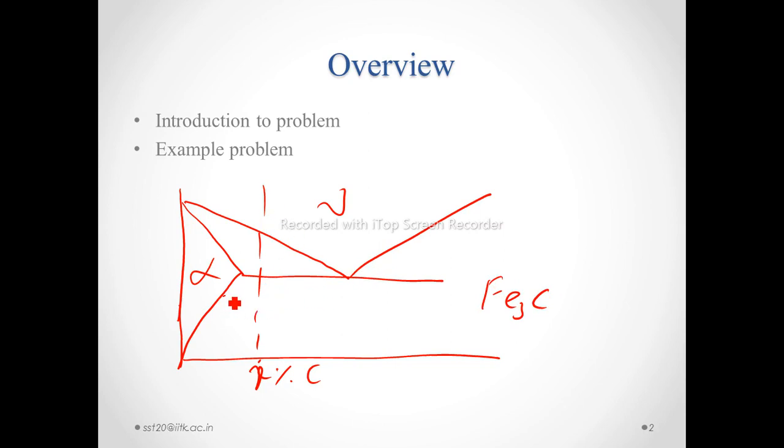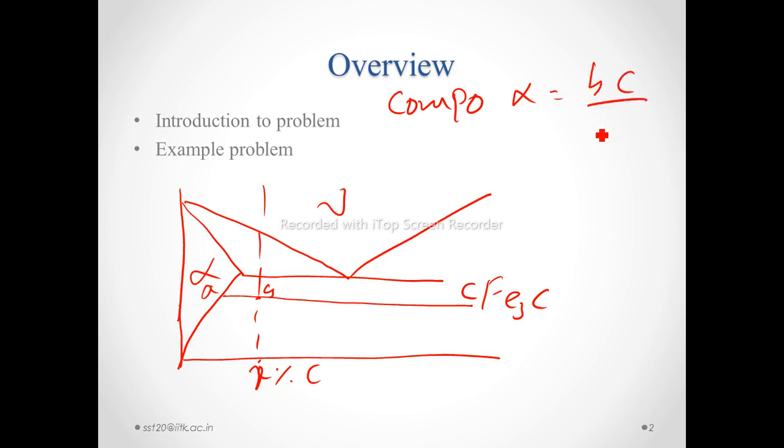The composition can be known by drawing a tie line. If this is A, this is B, and this is C, then the weight fraction of alpha ferrite is given by BC divided by AC, and the weight fraction of Fe3C, the total cementite, can be determined by AB divided by AC.